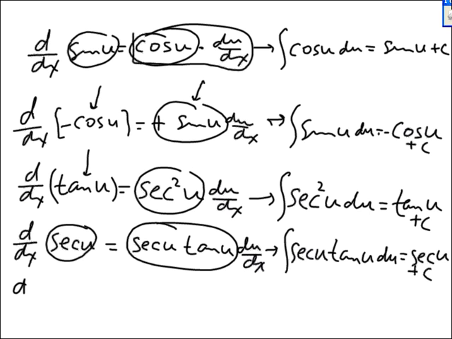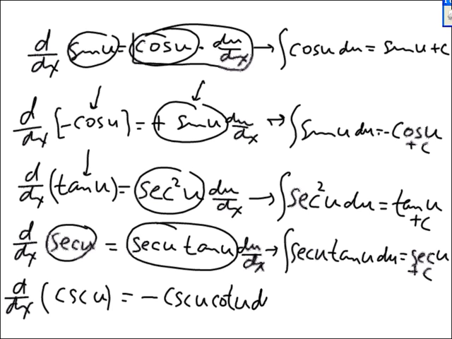We know that the derivative of the cosecant of u is equal to negative the cosecant of u times the cotangent of u times the derivative of u. This minus we can put on the other side and multiply both sides by minus 1.